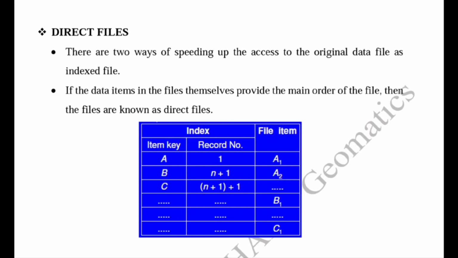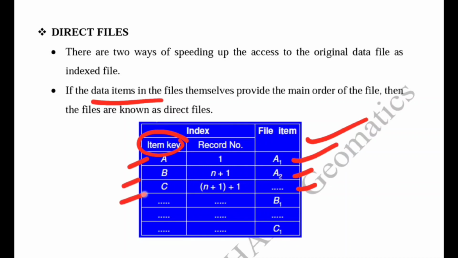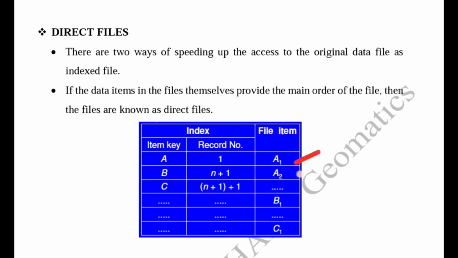If the data items in the file themselves provide the main order of the file, then as we see in this diagram, the file items A1, A2 and so on are stored, and they have specific item keys like A, B, C, and these will be unique. For any A1 item, it has only the item key A, and it may be further classified. There may be many trees, but if we give numbering to those trees, the file items A1, A2, A3 are the trees, and the numbering of these trees will be unique from each other.